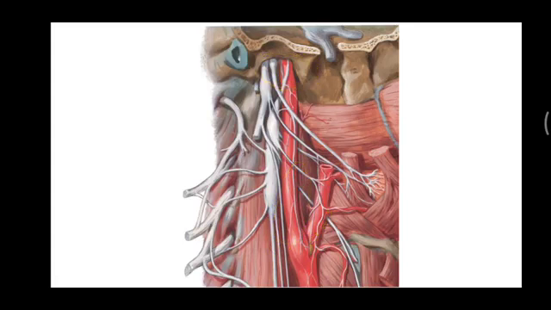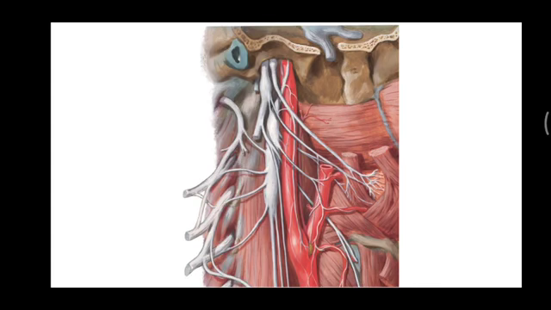The lateral branches are the gray rami communicantes to the upper four cervical nerves. The first one, the second one, the third one, and the last. Laterally, they also give branches to the last four cranial nerves. For example, this is the inferior ganglion of the vagus.